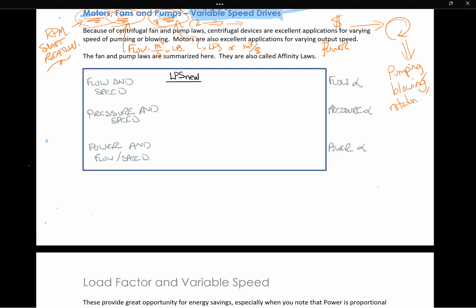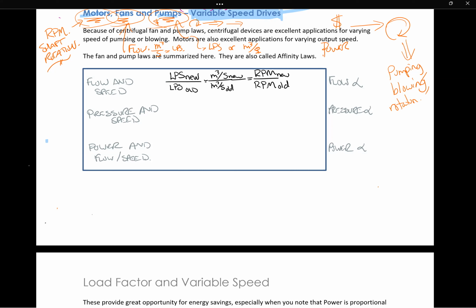The new flow over the old flow, in liters per second or meters cubed per second, is directly related to the RPM that we're paying for, the revolutions of, say, a fan or a pump. The RPM new versus old, right?